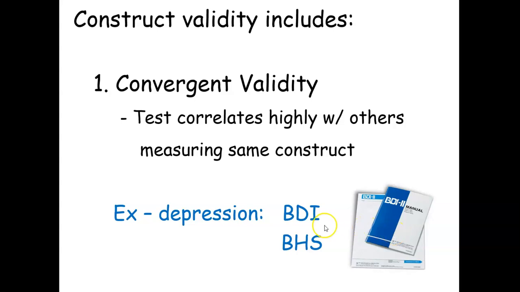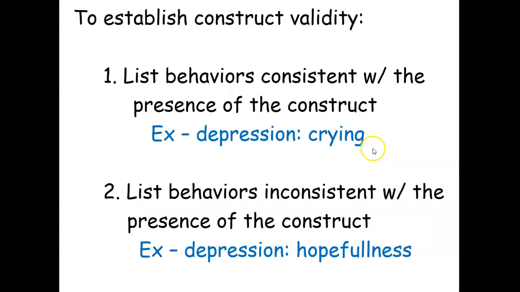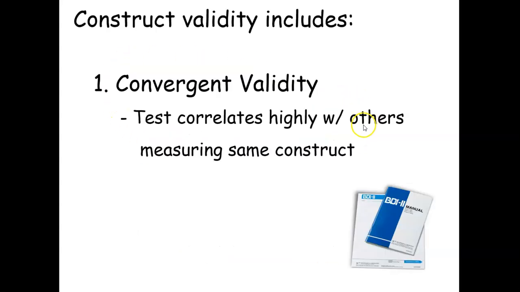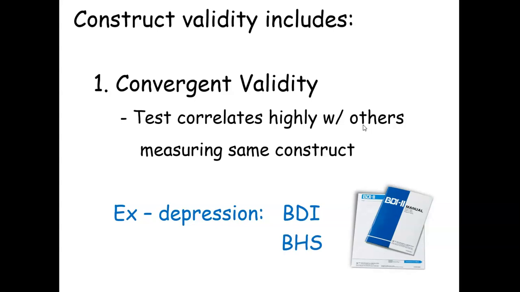So if people score high on your new test of depression and score high on these, we say that your test has convergent validity, which is part of construct validity. So if I can go back, this is that first part here. That measures behaviors consistent with the presence of the construct. So convergent validity is the first part of construct validity.